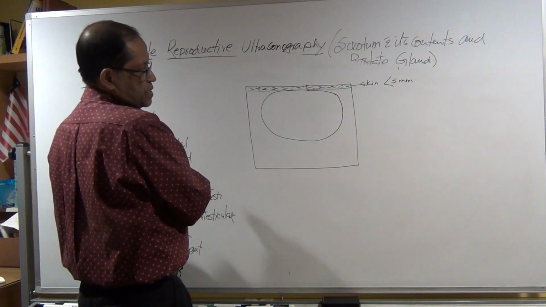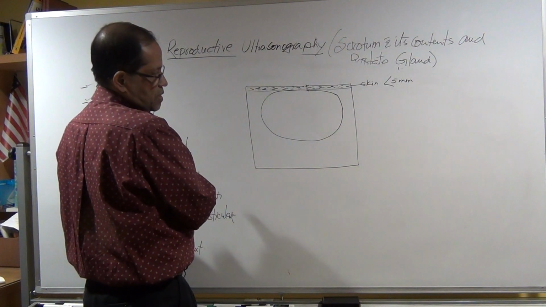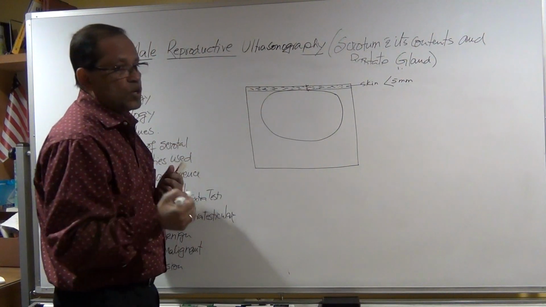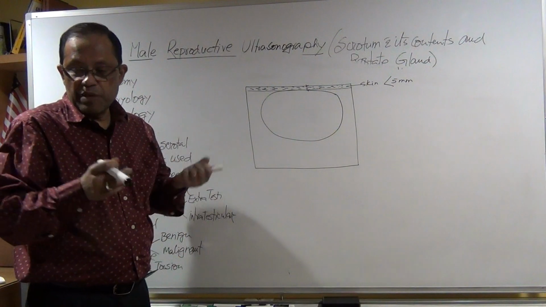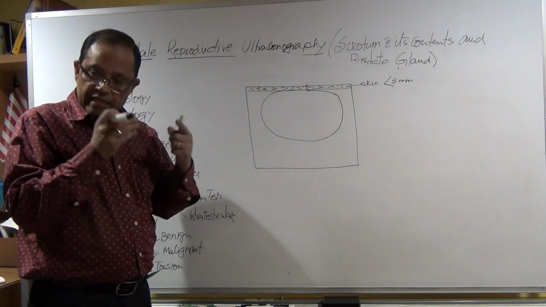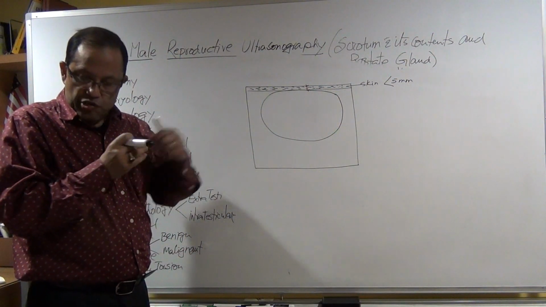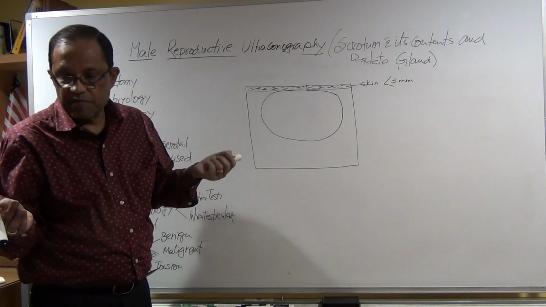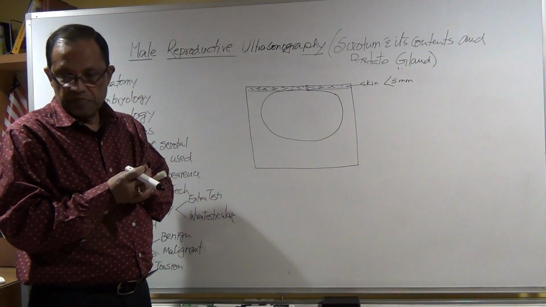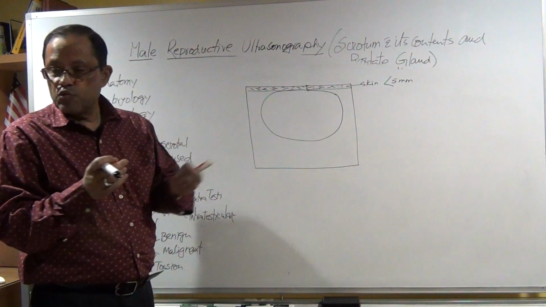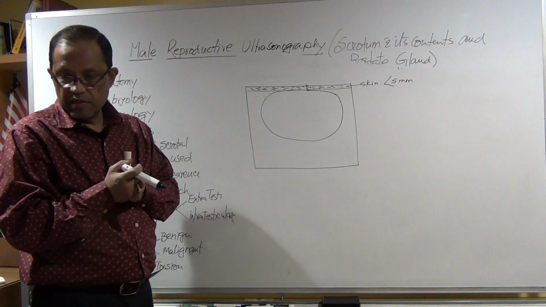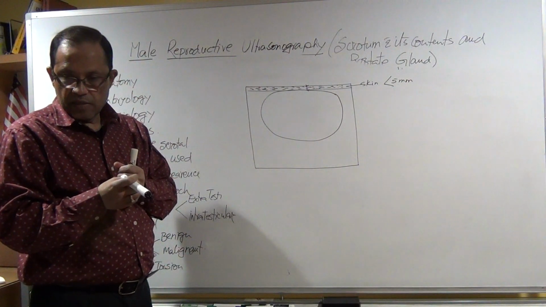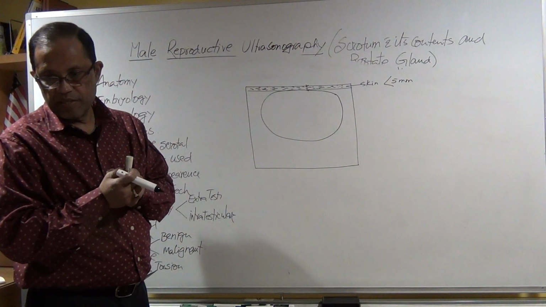Okay, so now this is the testis. The testis has its own dimensions, meaning measurements: length, height and width. Usually the length is about 4.5 centimeters, the height 2 to 3 centimeters, and the width 3 to 4 centimeters.